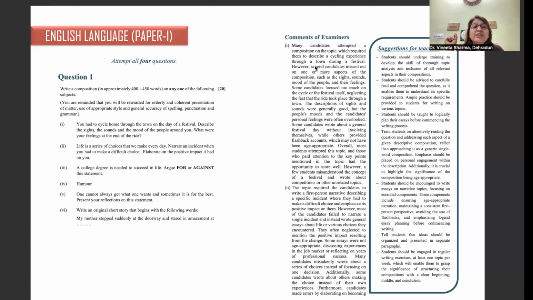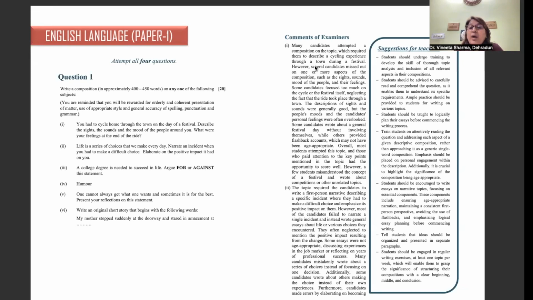Elaborate on the positive impact on you. And then first you made that choice, then it must have had some outcome, and those outcomes were positive and they had a positive impact on you. So positive impact is another key point in the question. Okay, now see what kinds of mistakes children made.